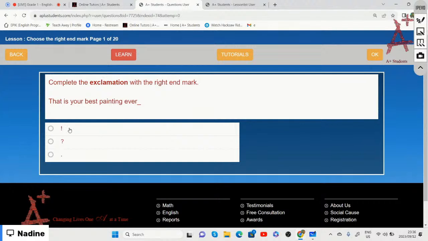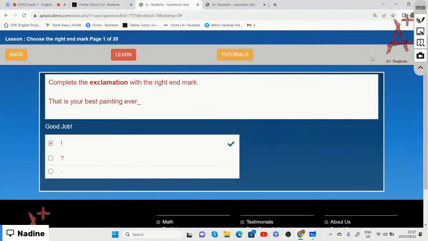Does it end with an exclamation point, a question mark, or a period? If we complete the exclamation with the right end mark, we choose option 1, because option 1 is an exclamation point.